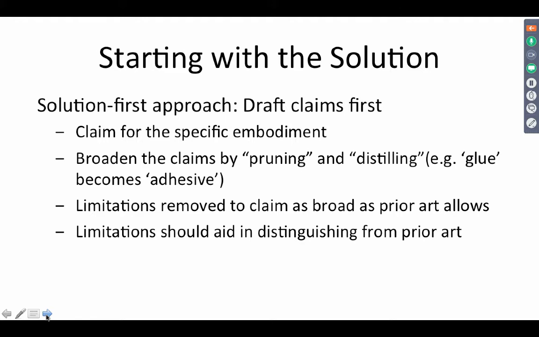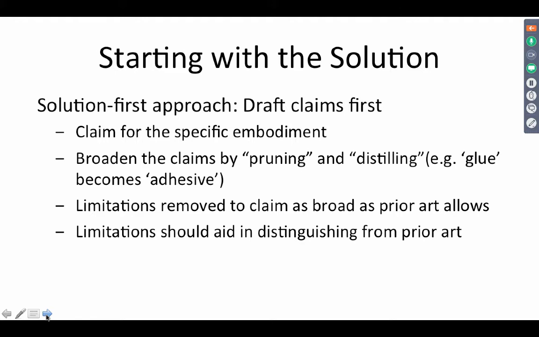This is referred to by some scholars as pruning and distilling, where you could use a term in a very specific sense in the first claim that you draft, and then broaden that to cover various other variations and improvements. The claim in this case is the first thing that you draft, what we call drafting the claim first.